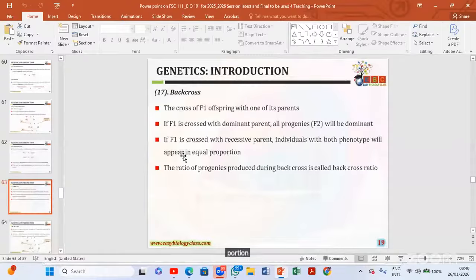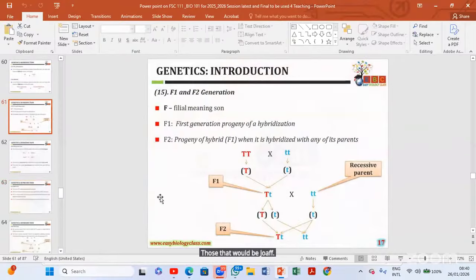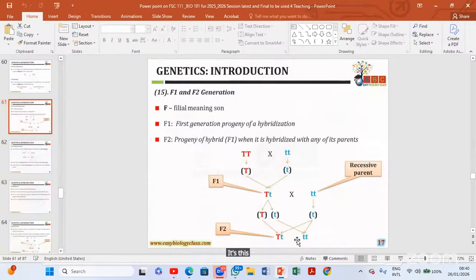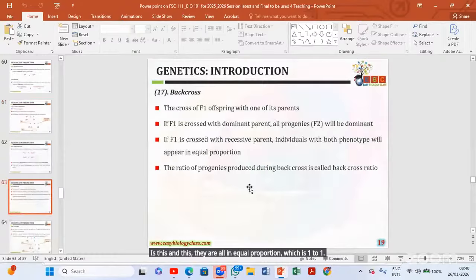That is, we are going to have those that will be tall, and those that will be dwarf, as we have it here. You can see when this is done with this, what we have is this and this. They are all in equal proportion. Ratio 1:1. So the ratio of progeny produced during back cross is called back cross ratio.